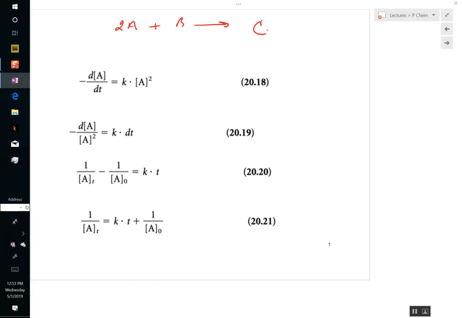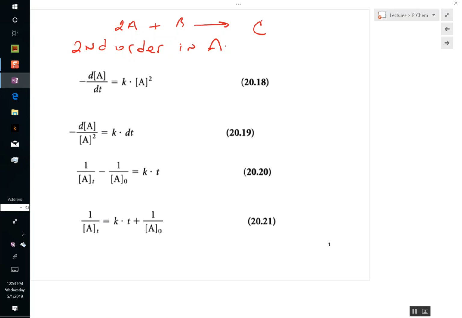So here is this sort of situation where you might have it second order in A, and that would be the expression for it. The decrease in A, change in A with respect to time, is equal to the rate constant times the concentration of A squared.